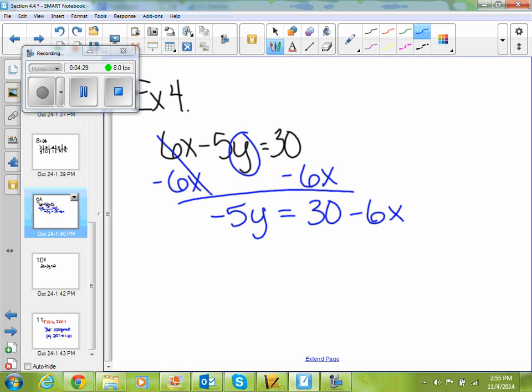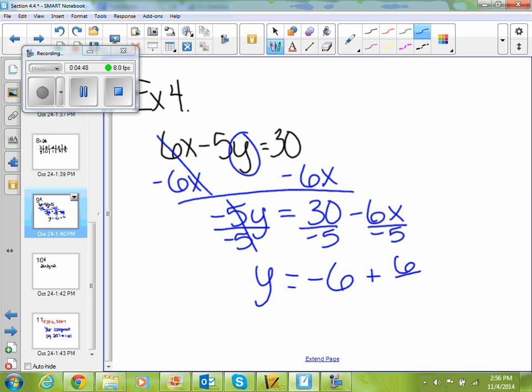I still need to get the y by itself, so now what? Perfect, and we have to divide everything by negative 5. Okay, so then y equals 30 divided by negative 5 is negative 6. A negative divided by a negative becomes a positive 6 over 5x.